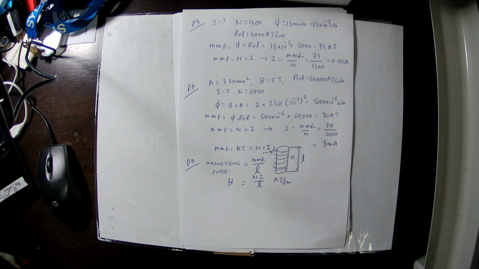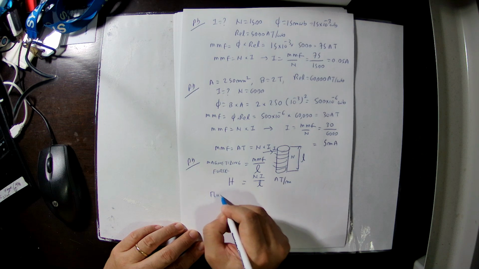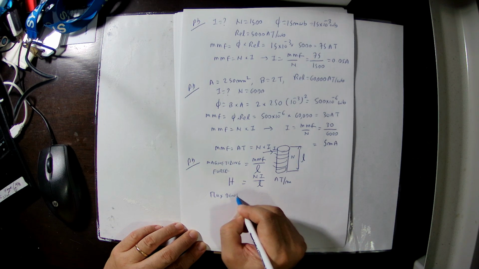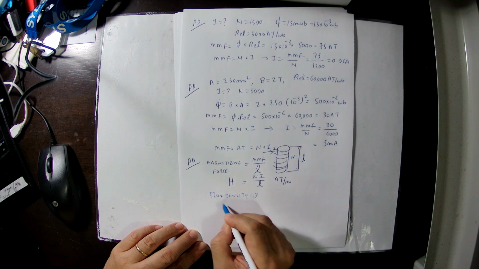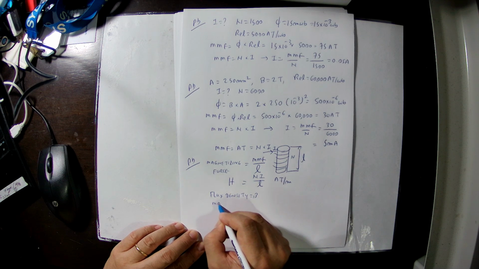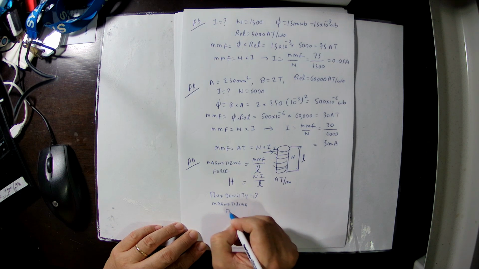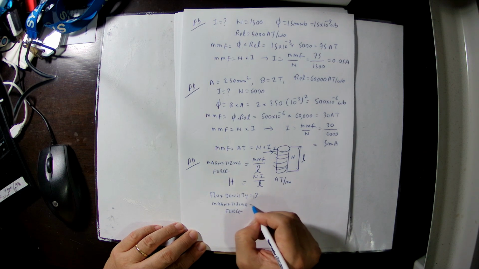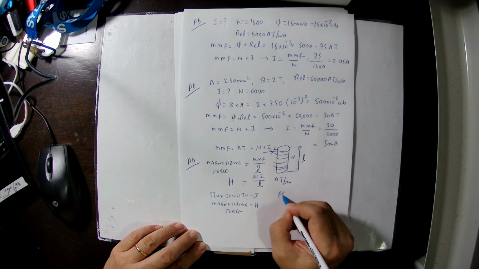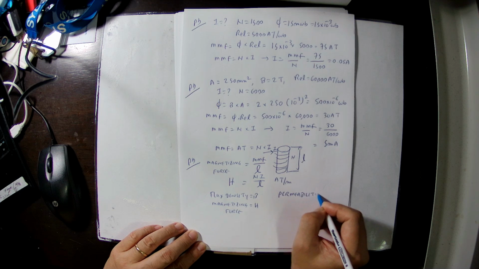This magnetizing force and flux density are also related. Flux density is B, magnetizing force is H, and permeability is mu.